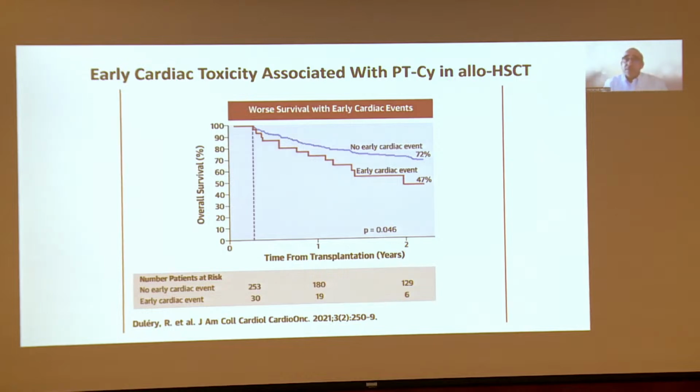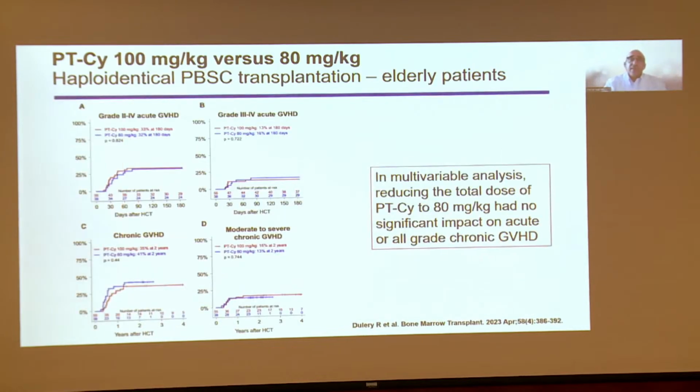And this is important because the population that we transplant more and more is an elderly population with comorbidities. And we know very well, and I think this is very relevant to you in the kingdom, that cardiovascular comorbidities are a matter of concern. So with this in mind, how can we do better?